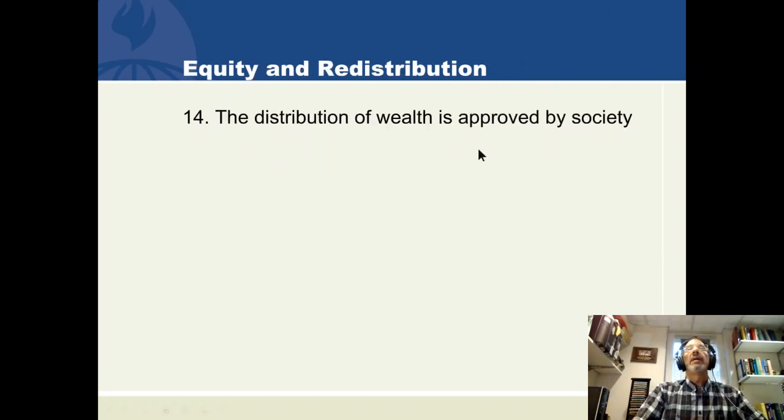And finally, a problem that justifies market intervention is that we would like to see that the distribution of wealth is approved by society. And if you allow a free market to distribute the wealth, there's no guarantee that you'll achieve the approval of society. And the democracy can succumb to hijacking the approval.